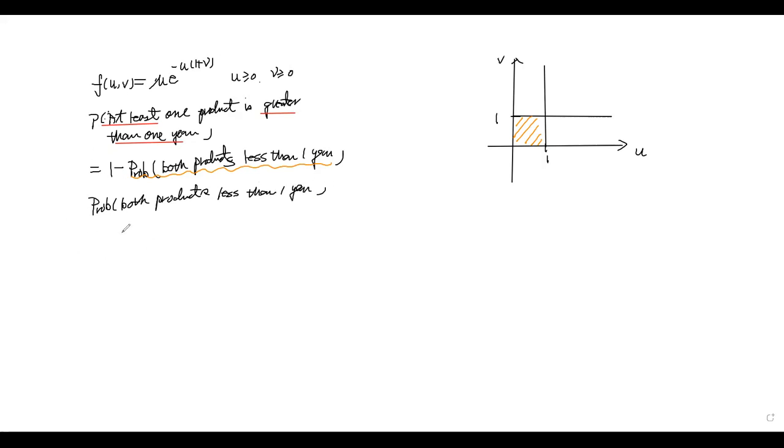So we integrate the PDF over the yellow area: u from 0 to 1, and v from 0 to 1.